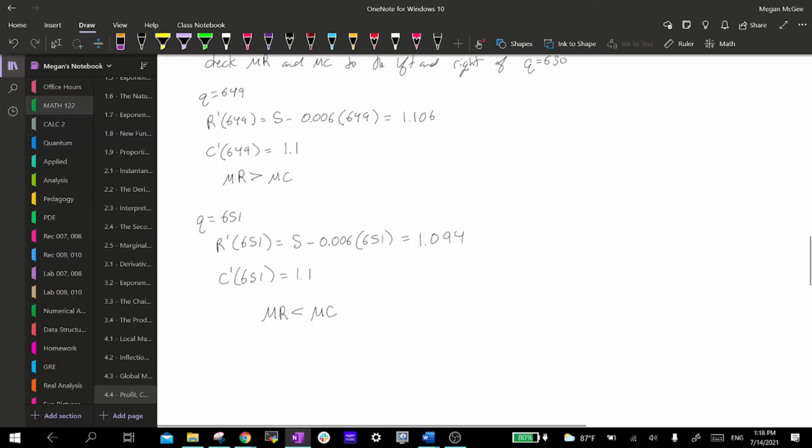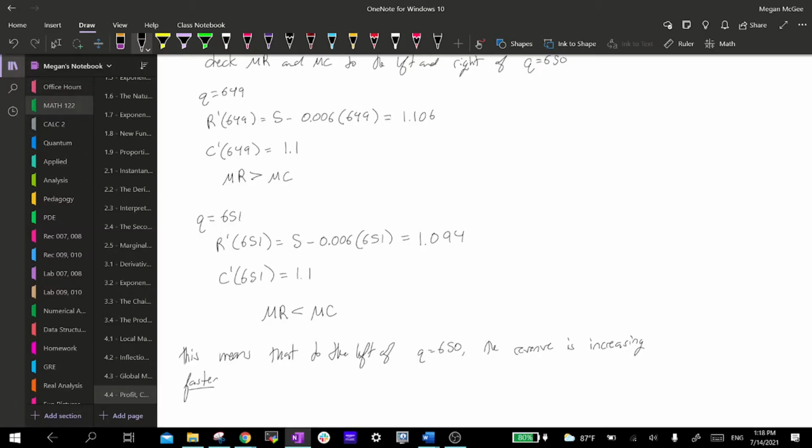Okay, so I'm going to spell this out here in words for us. This means that to the left of q is equal to 650, the revenue is increasing faster than the cost.